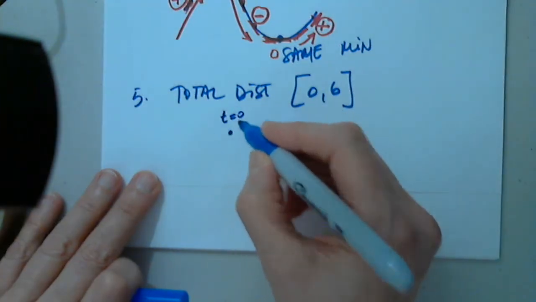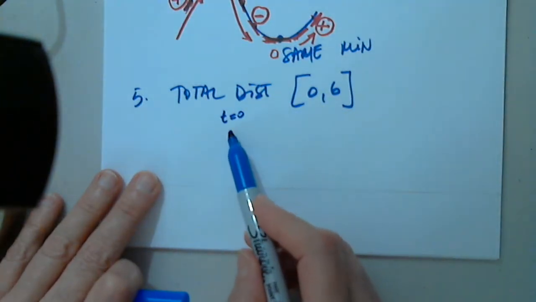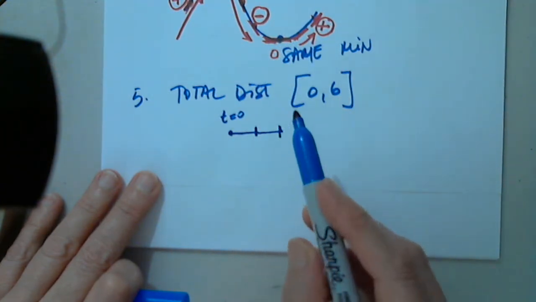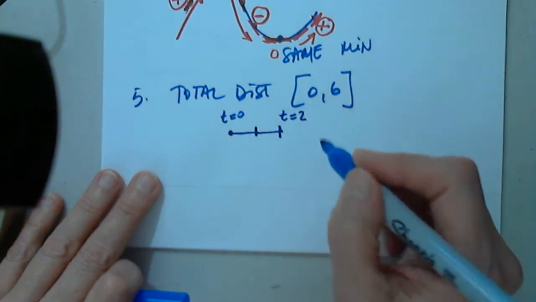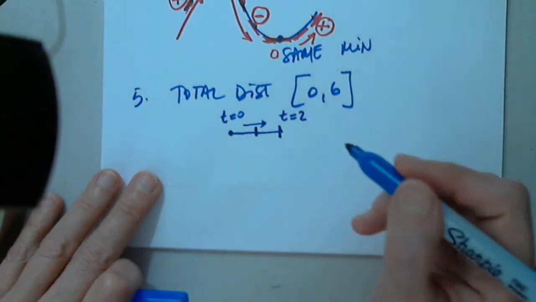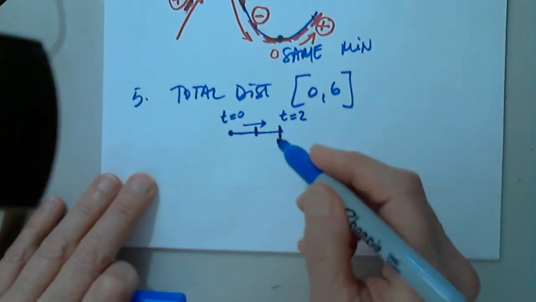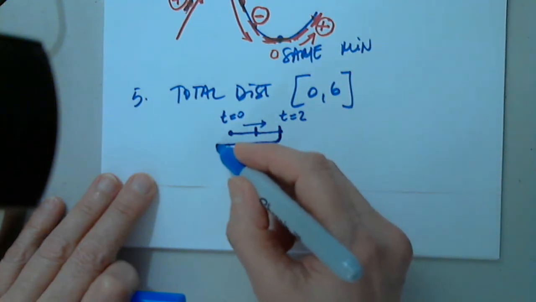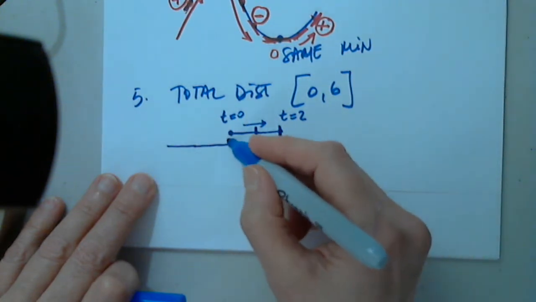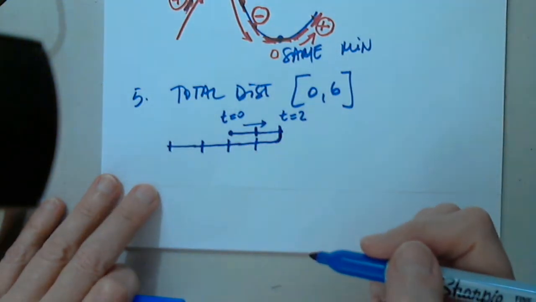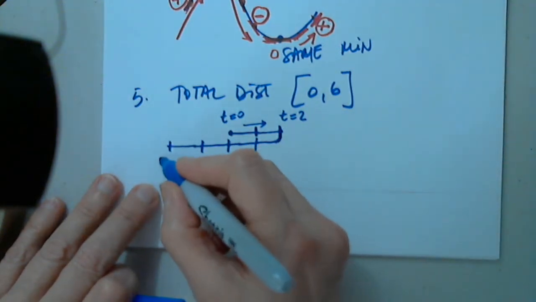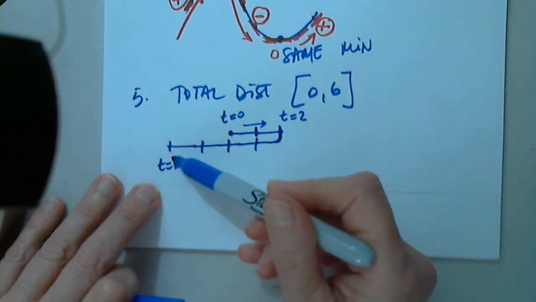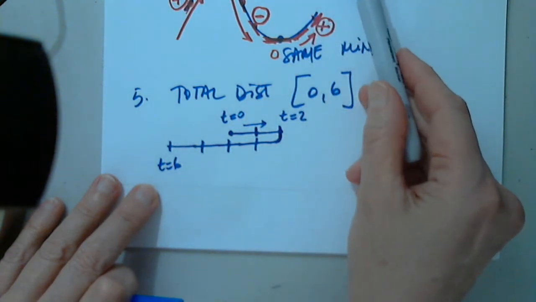So at time t equals 0, the particle is here. For 2 seconds, second 1, second 2, so t equals 2 seconds here, the particle is going in this direction. It turns, all of a sudden it turns around, and for 4 seconds, so this is t equals 6, it goes this way, according to what we just determined.